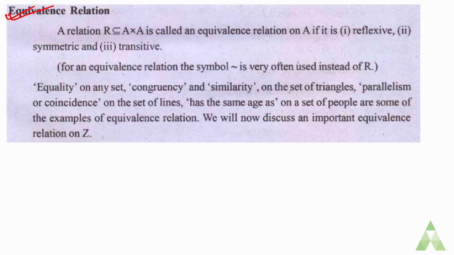A relation R which is subset of A cross A is called an equivalence relation on A if it is reflexive, symmetric and transitive. तमने गोटे relation जदि reflexive relation हेतिबा, symmetric relation हेतिबा और transitive relation हेतिबा ताहले से relation को आमे equivalence relation बोली कहि परिबा.